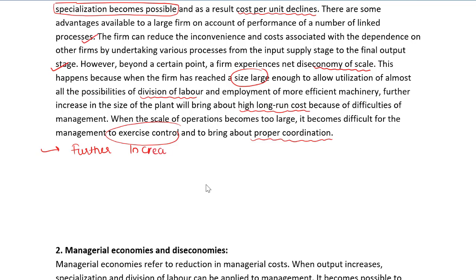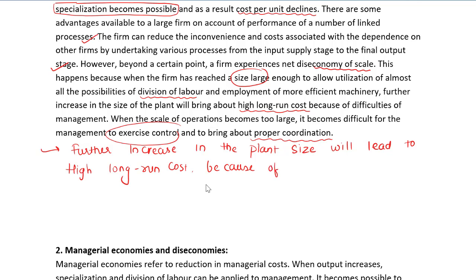Further increase in the plant size will lead to high long run cost because of difficulties of management, coordination, and control.